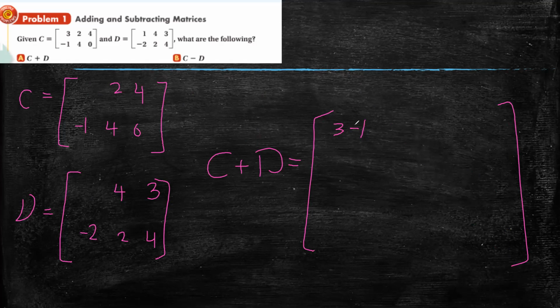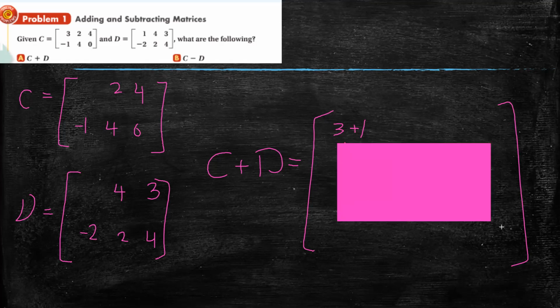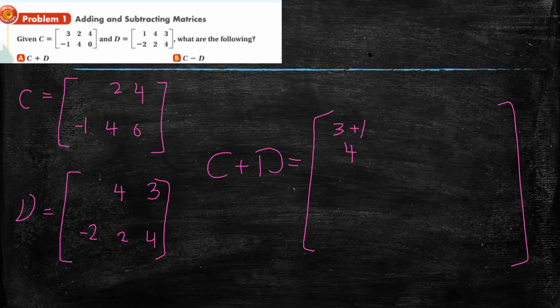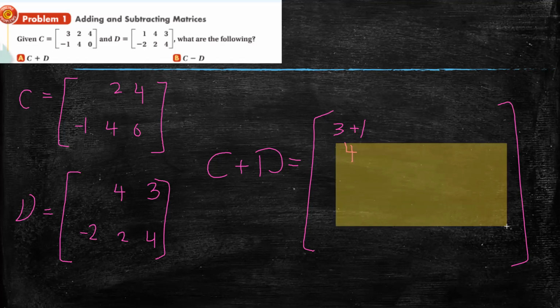Which is 3 plus 1 equal 4. Then I will go now to the second element here.